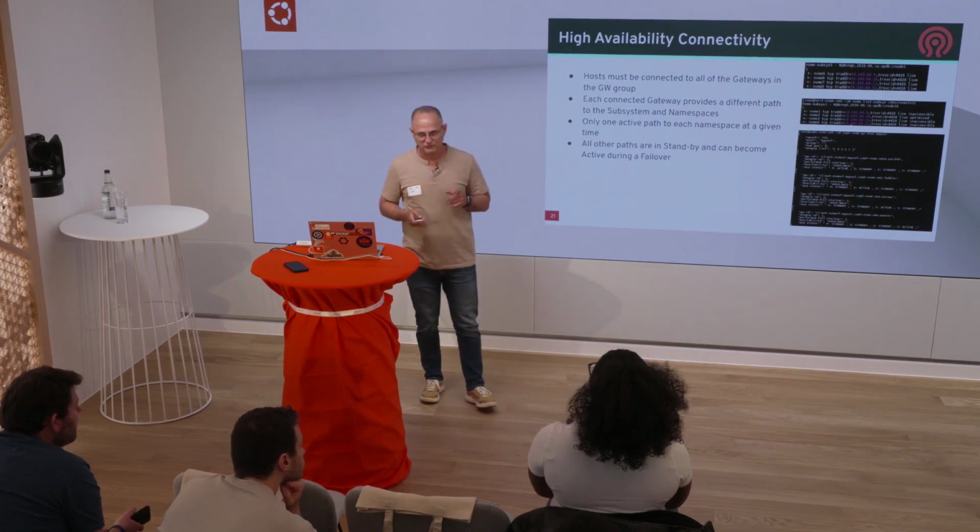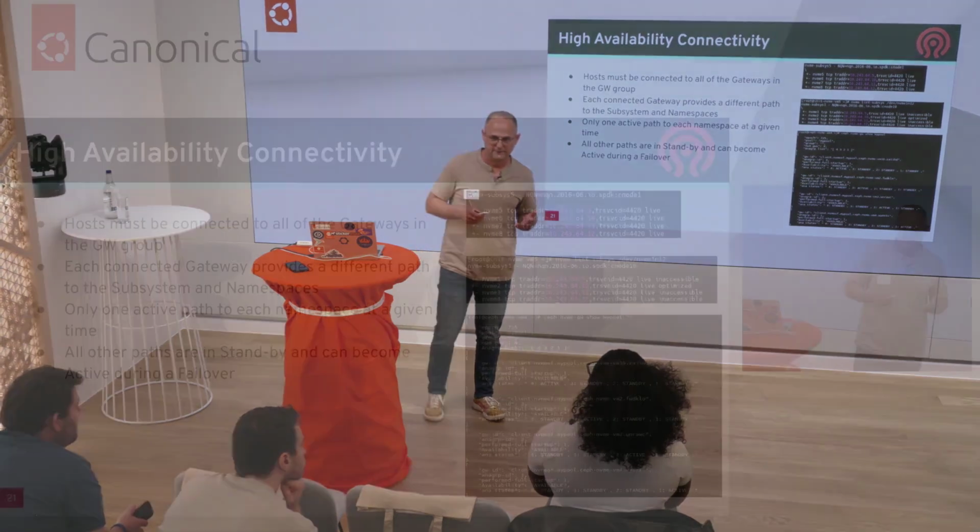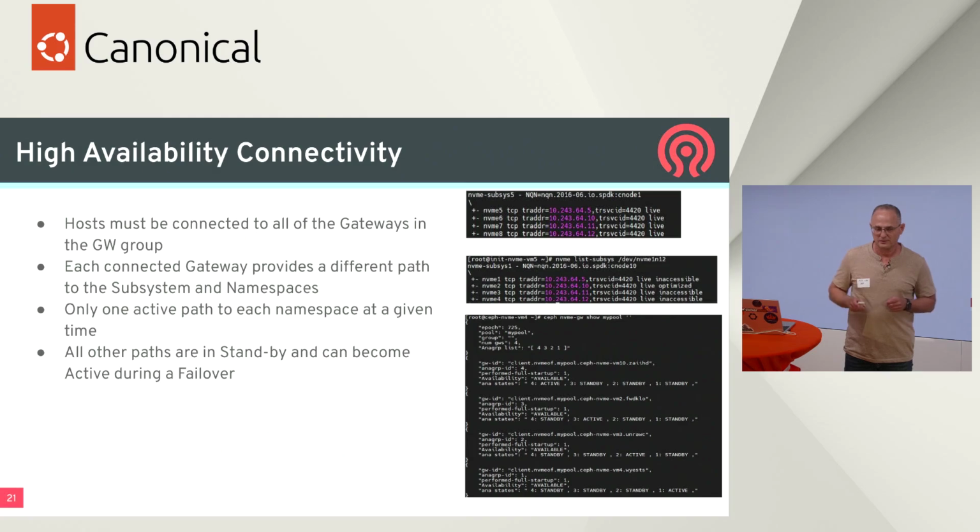And in a case of a failover, we automatically move the responsibility of a namespace which belongs to a failed gateway to another gateway. This is being done seamlessly during failover, and if the gateway is coming back, we're failing back the namespaces to the original gateway that was assigned to these namespaces.